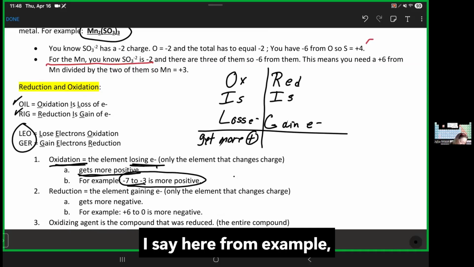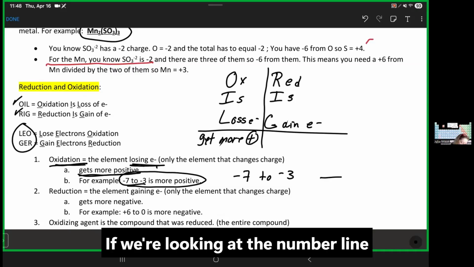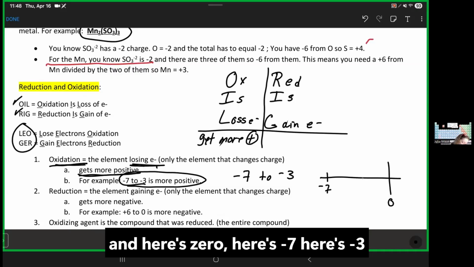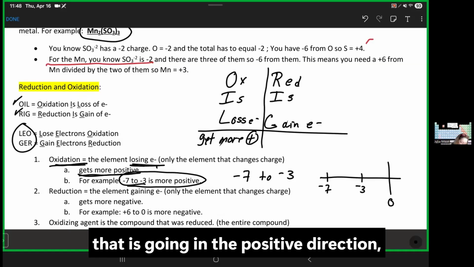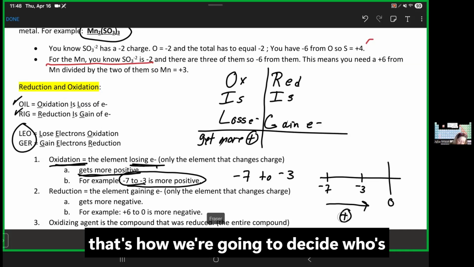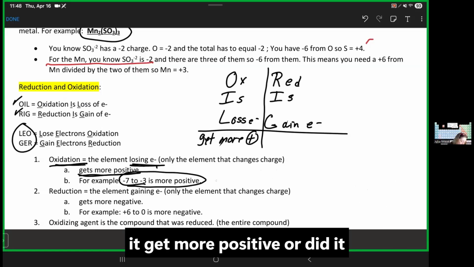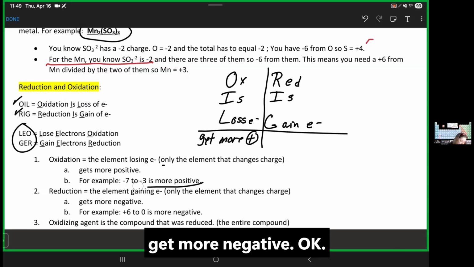So like I say here, for example, -7 to -3, if we're looking at the number line, and here's 0, here's -7, here's -3, that is going in the positive direction. It is getting more positive. Okay, because that's how we're going to decide who's oxidized or reduced, by looking, did it get more positive or did it get more negative?